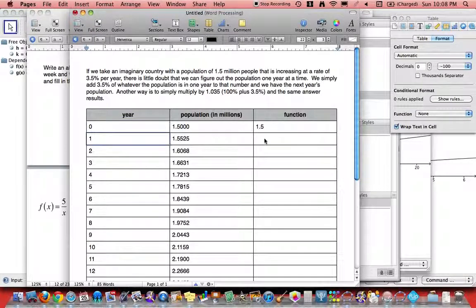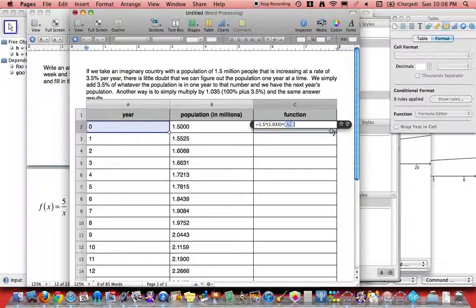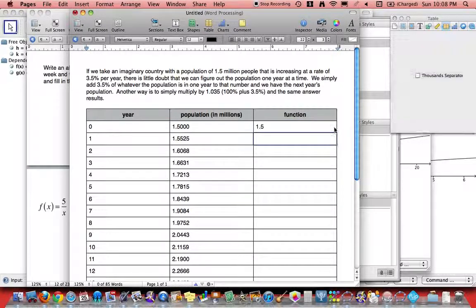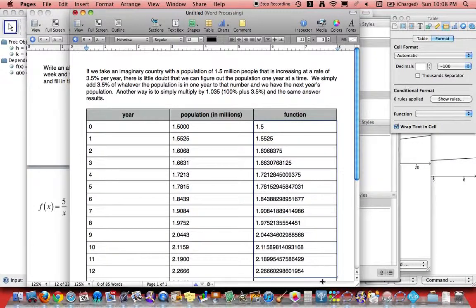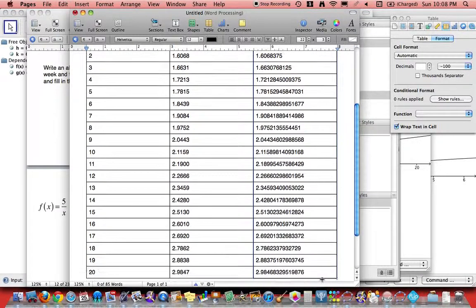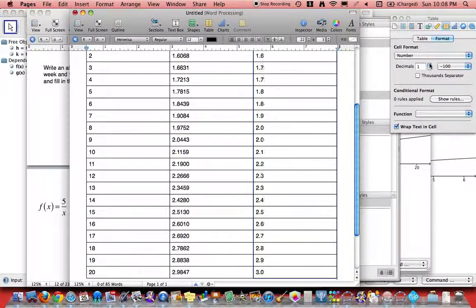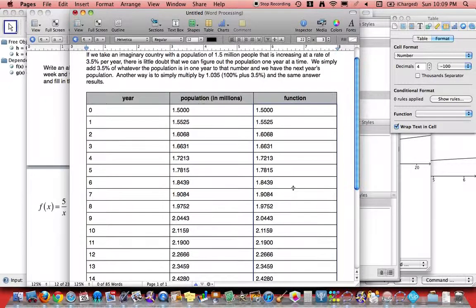Now, if I take this function and drag it down, grab by the corner, pull, and let's format that to 4 decimals also, and those look the same.